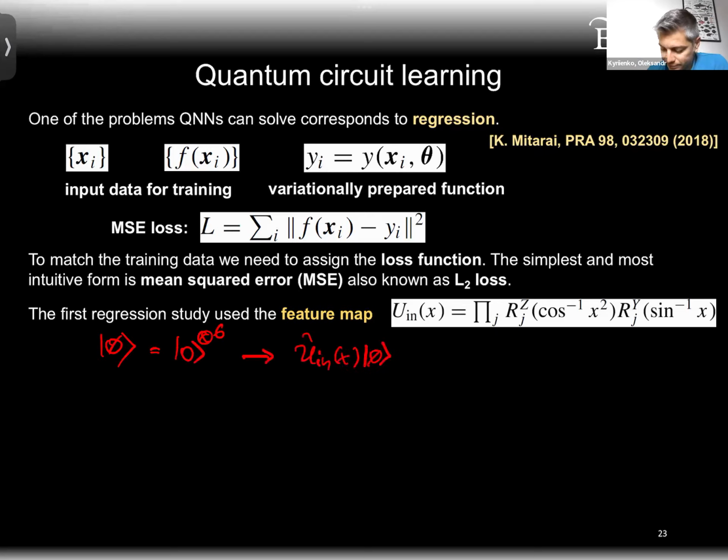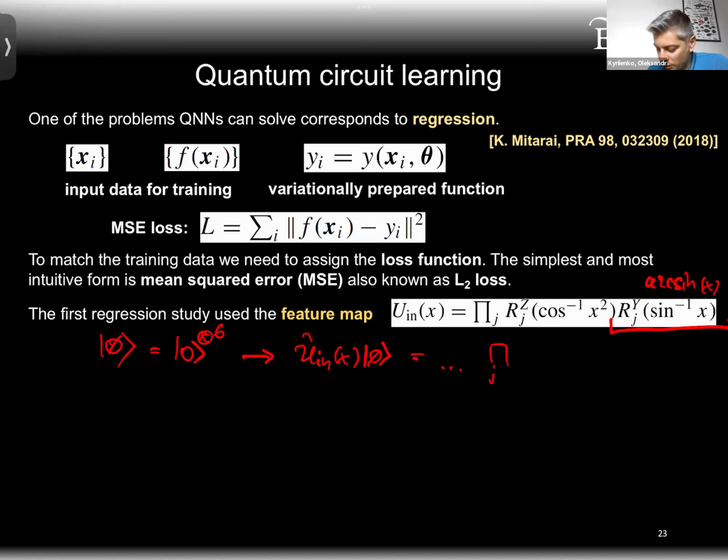to this zero state. And the feature map they apply follows this product of rotations of Ry type with arcsine of x.